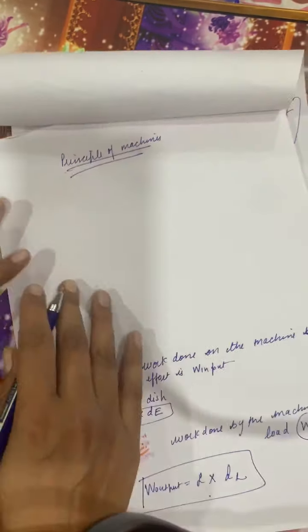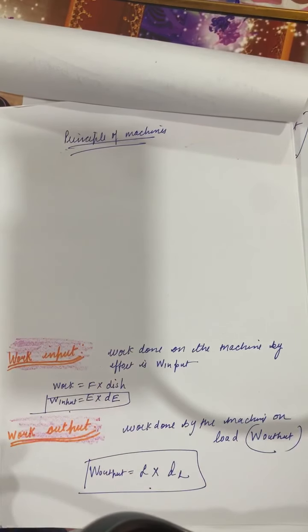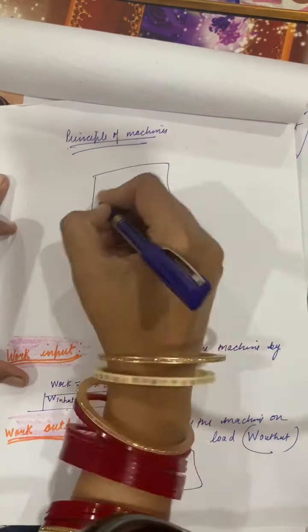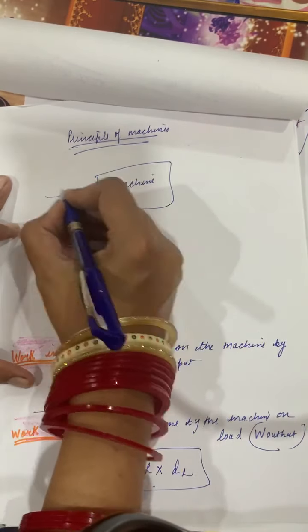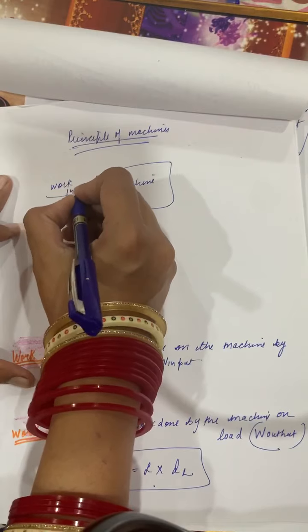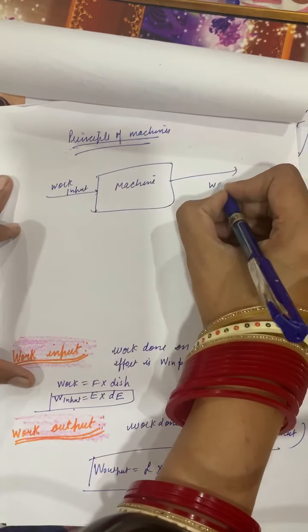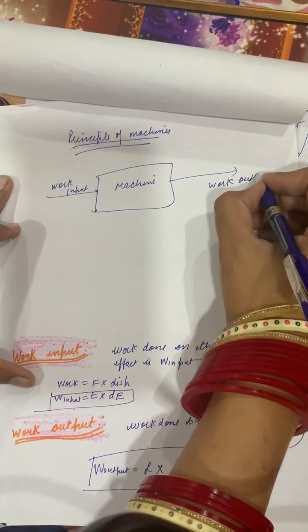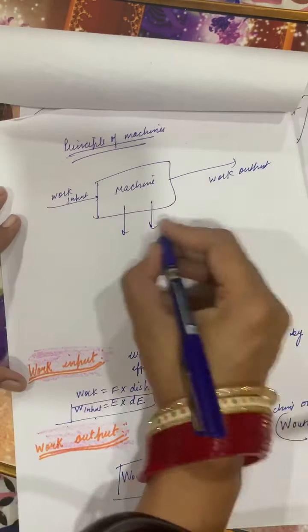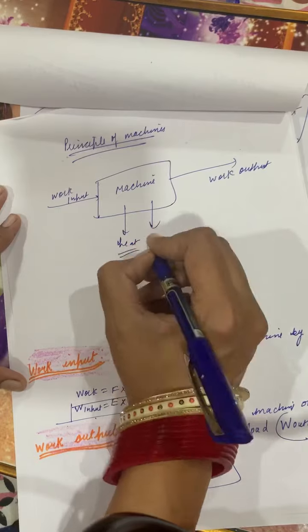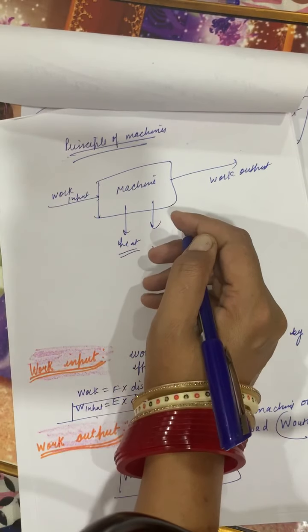See students, in case of ideal machine, in which there is no loss of energy, whatever work input is given, that is the work output. See students, always there is loss of energy by the machine, energy and power. Normally it is in the form of heat, rubbing of the parts of machine and all.